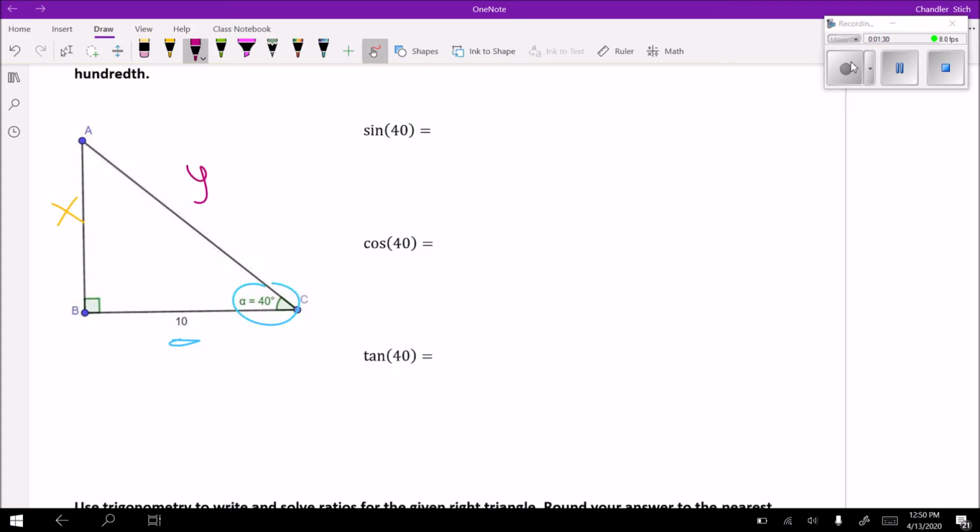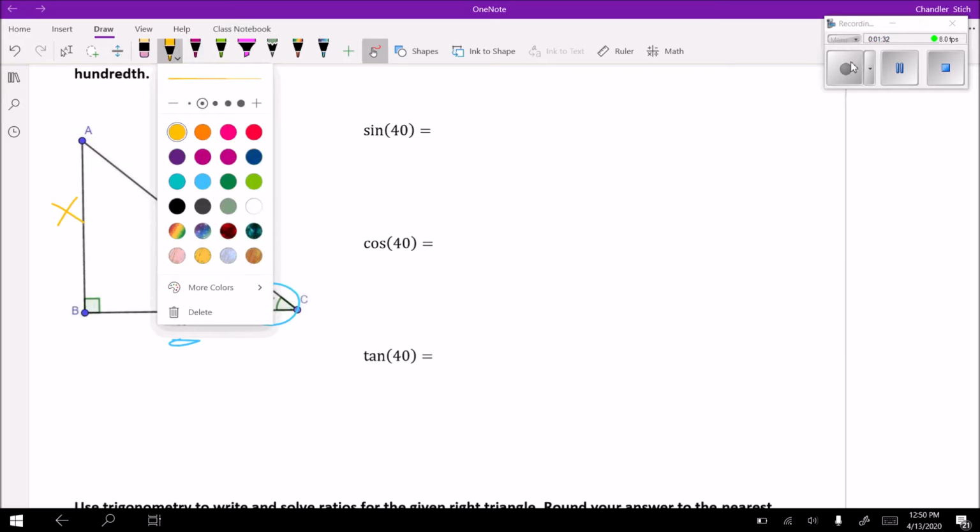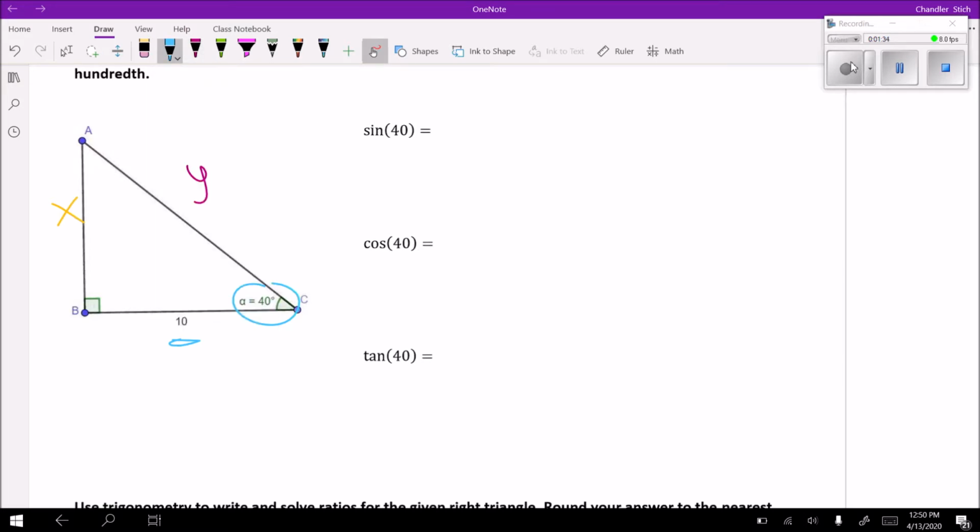What am I given? Well, I'm given the adjacent. How do I know that I'm given adjacent? Well, I know that it's not my hypotenuse, because my hypotenuse is always across from my 90-degree angle. So here's my 90-degree angle. Across from that would be h, my hypotenuse.